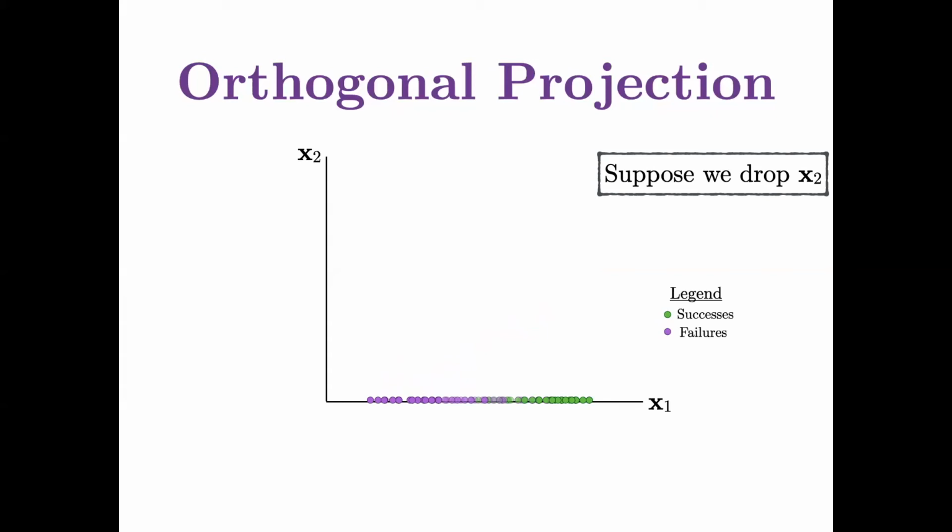Now, you can see if my goal here was to come up with some set of rules to separate the successes from the failures, I'm going to have trouble if I use this one-dimensional representation of the data, because I have a good deal of overlap between points in the middle.